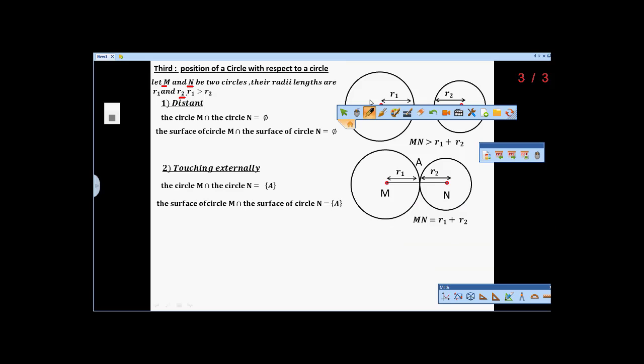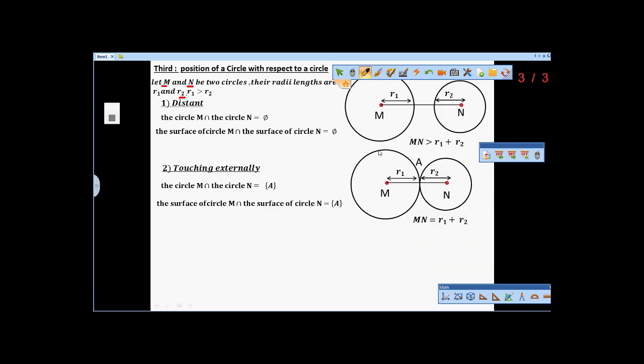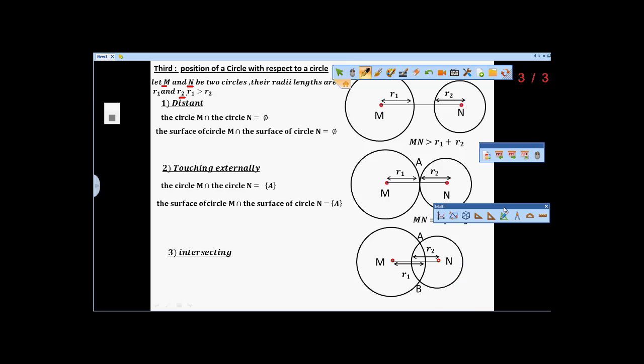The third position, if we have intersecting circles, it means circle M intersects circle N at these 2 points, A and B. In this case, I find that MN is greater than R1 minus R2 and less than R1 plus R2.